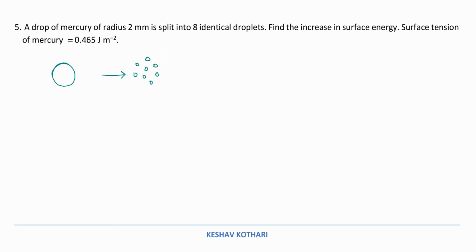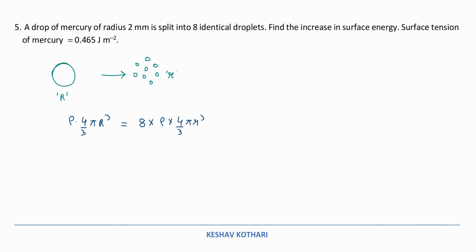Over here I consider the radius as capital R, and over here the radius as small r. One thing is for sure, if the density of mercury is the same, then the mass of mercury on the left hand side is equal to the mass on the right hand side. That is, density into 4 by 3 pi capital R cube is equal to 8 times density into 4 by 3 pi small r cube.